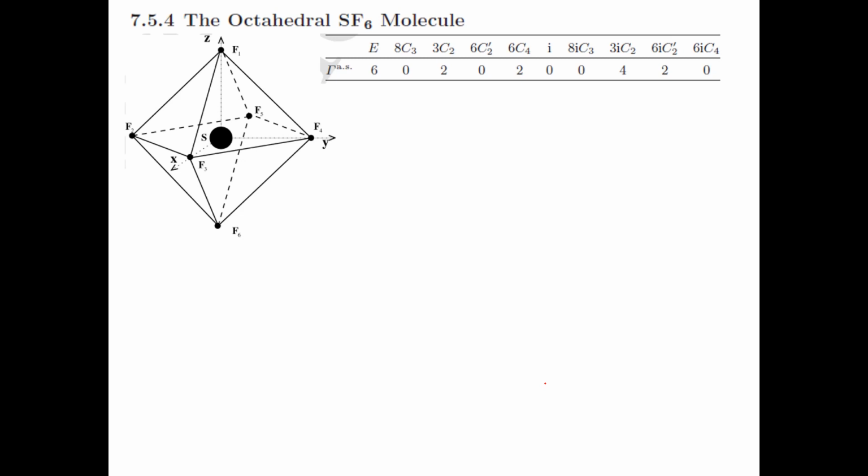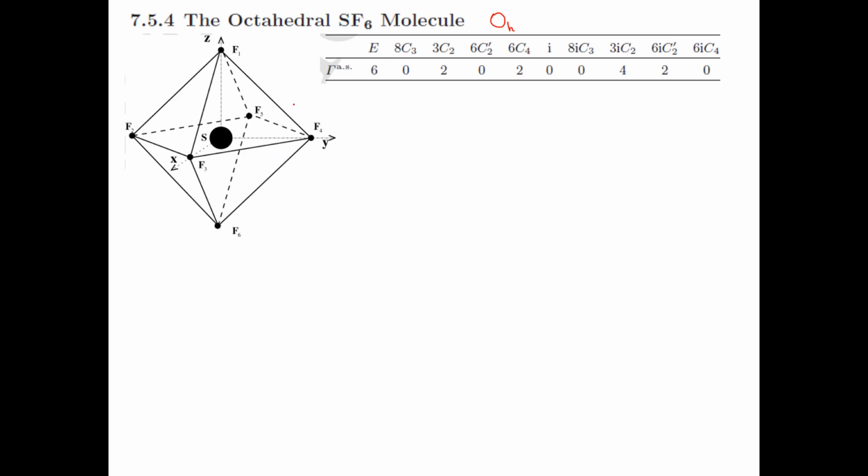We have seen that already when we discussed crystal field splittings, if you remember. So this is the cubic group Oh. And I have one sulfur atom in the middle, and then 6 neighboring fluorine atoms.